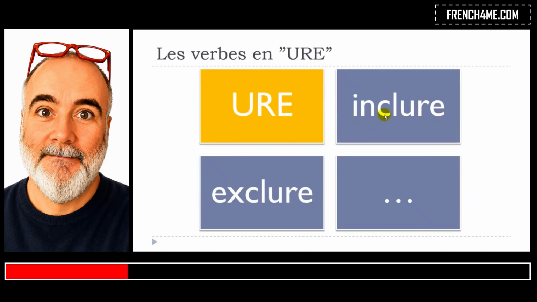Okay, so inclure, exclure, and I'm pretty sure that you understand what they mean without the translations, but of course I will offer you the translation: inclure means to include or incorporate, and then exclure, exclude or get rid of.